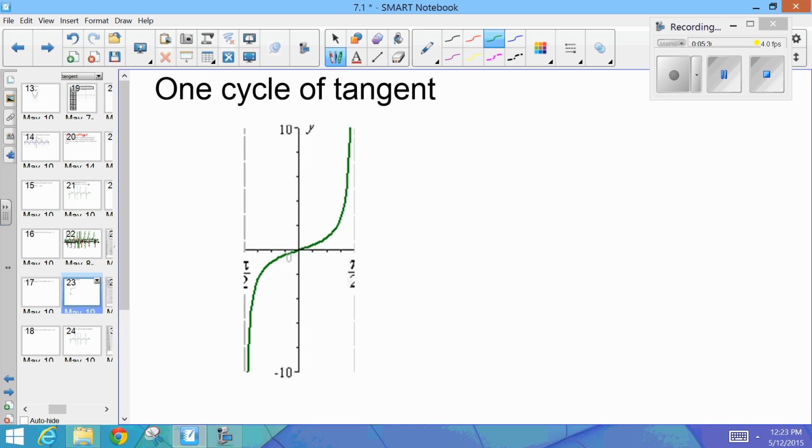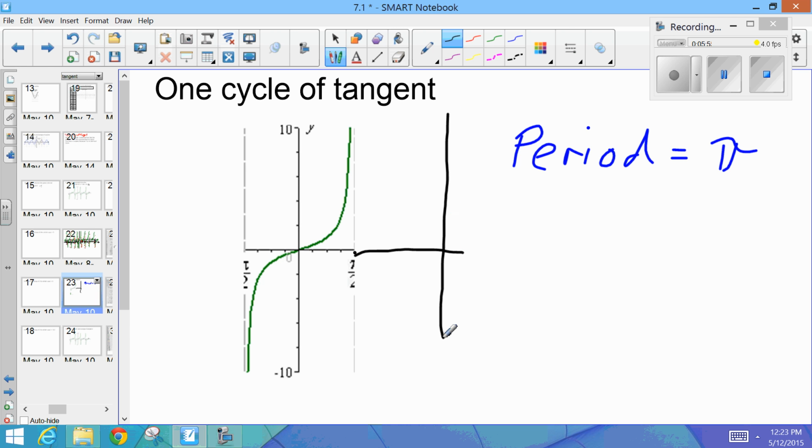All right, one cycle of tangent. Remember again that the period of tangent is pi. If I were to go from 0 to pi, let me just draw what 0 to pi looks like. Remember that tangent is 0 at all of the multiples of pi, and that there are vertical asymptotes at the odd multiples of pi over 2.